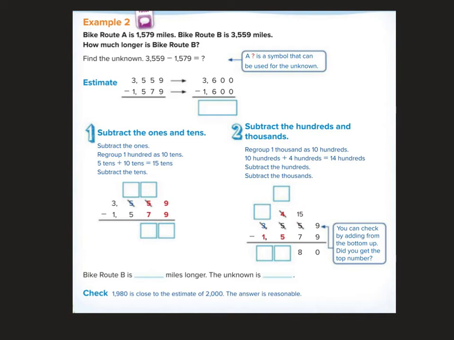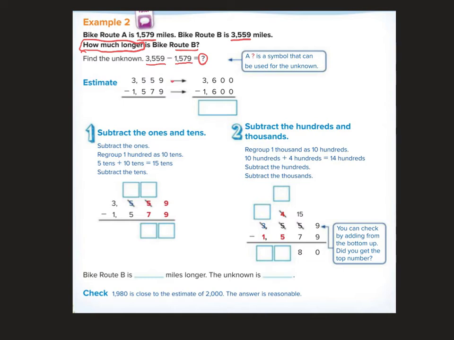Example 2, bike route A is 1,579 miles. Bike route B is 3,559 miles. How much longer? There we go. That's our cue that we need to subtract is bike route B. Okay. 3,559 minus 1,579 is, an unknown can be marked as a question mark.